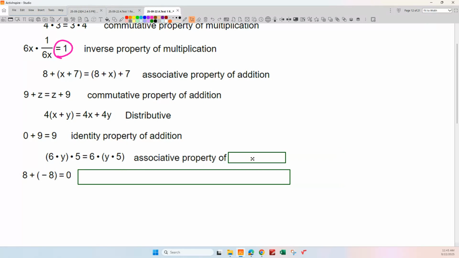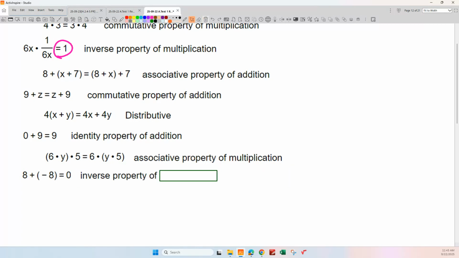And then finally, 8 plus negative 8 equals 0. And the equals 0 is kind of a key one there. Avery, what do you think? Very close. It's the one that goes with it. Inverse property. There you go. Good. Inverse property of addition. Good job. Okay.